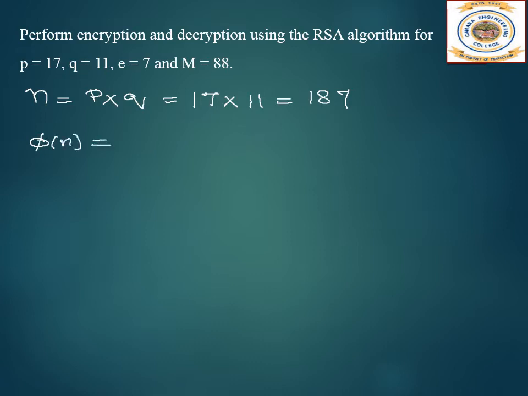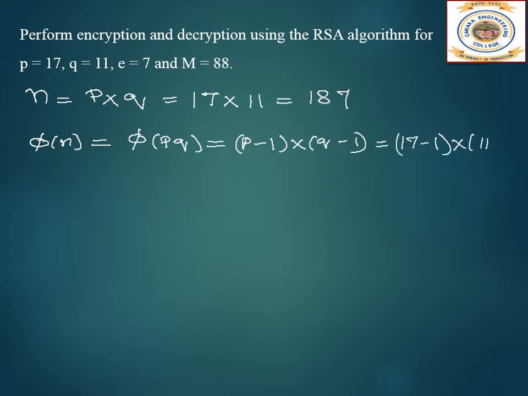Phi of n is equal to phi of P times Q. Both P and Q are prime numbers, so we can find the totient function as P minus 1 times Q minus 1. So we get this as 17 minus 1 times 11 minus 1, that is 16 times 10. So we get the totient function as 160.